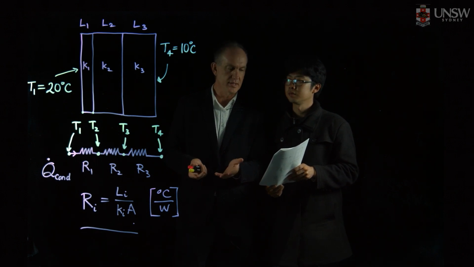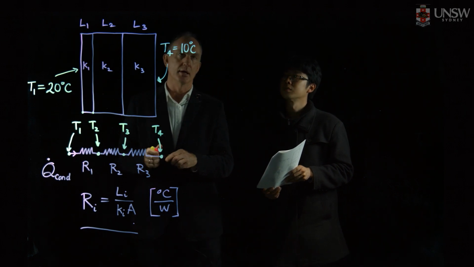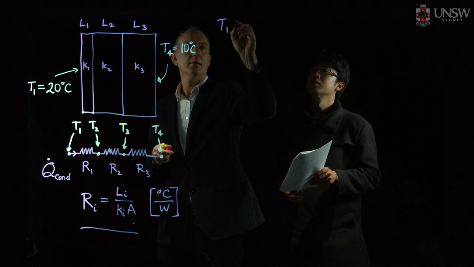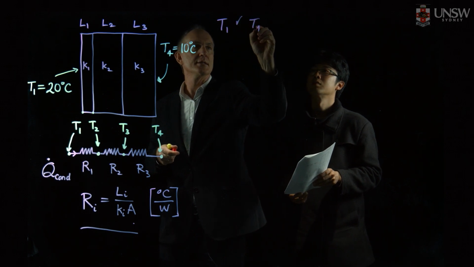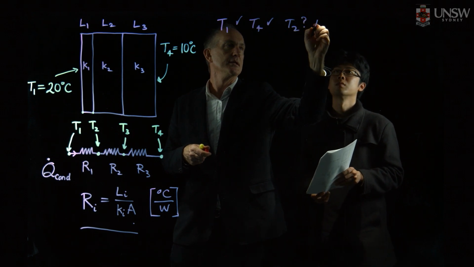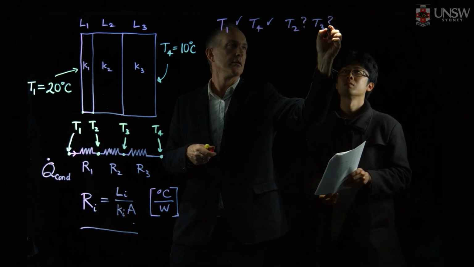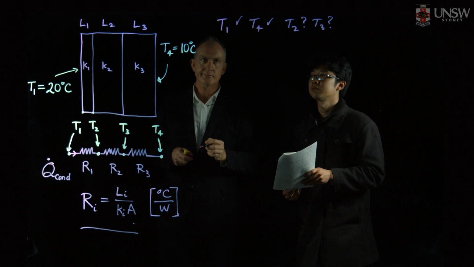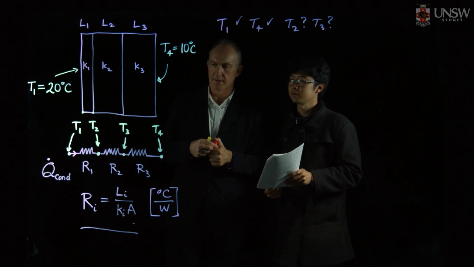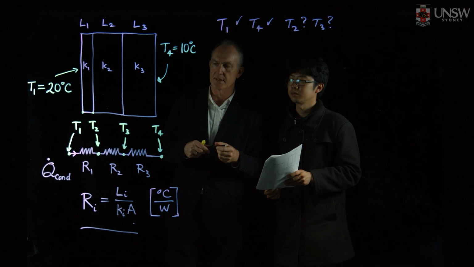So the only ones that we don't know, what don't we know? We know T1, we know T4, but T2 and T3 we don't know. Well, the good news is it's quite a simple calculation, so let's have a look and see how we can do this.